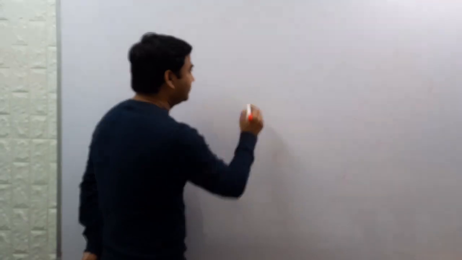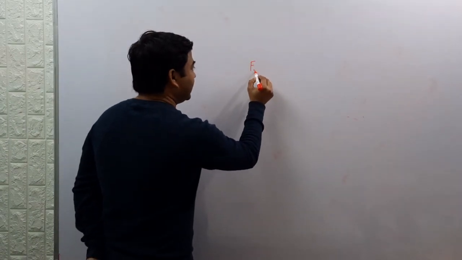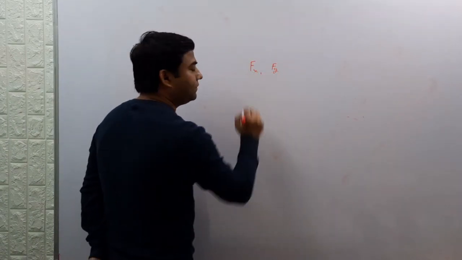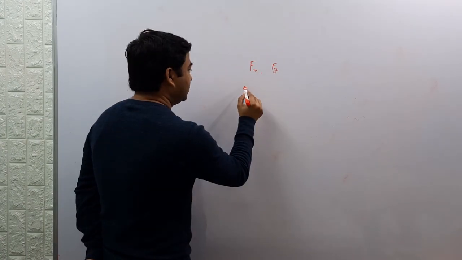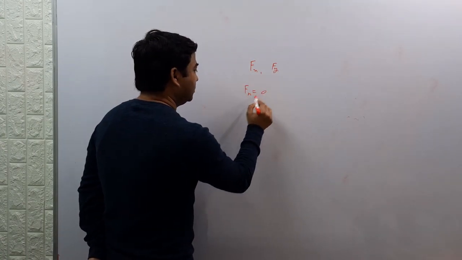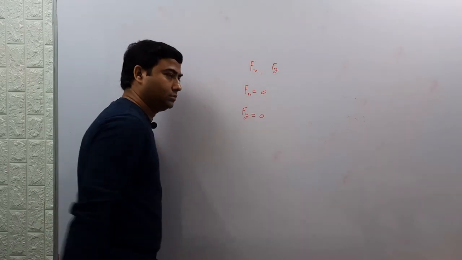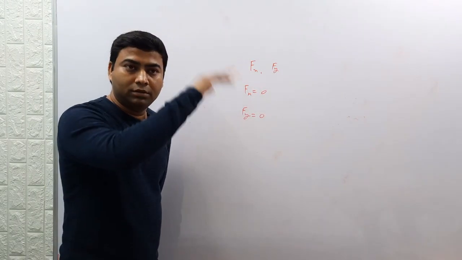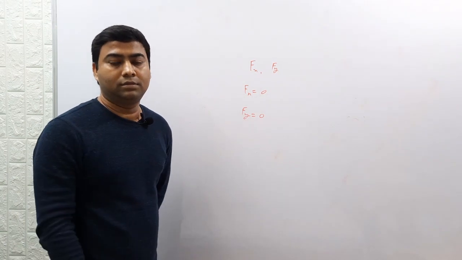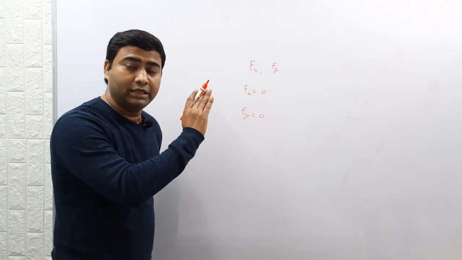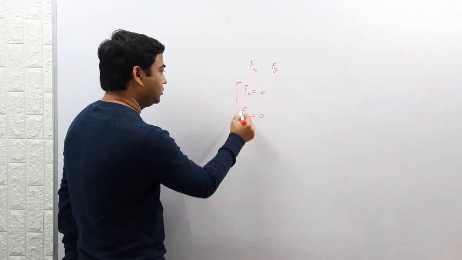Similarly for statics, if the object is in equilibrium, in that case Fx is equal to 0 and Fy is equal to 0. Both perpendicular components will be zero if the body is in equilibrium. That is the condition of equilibrium.